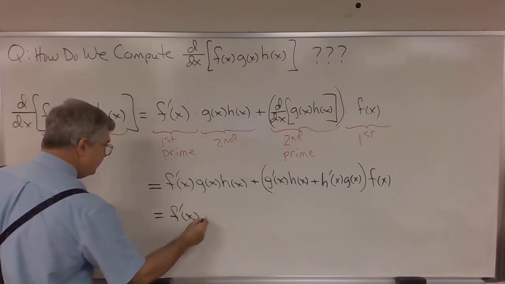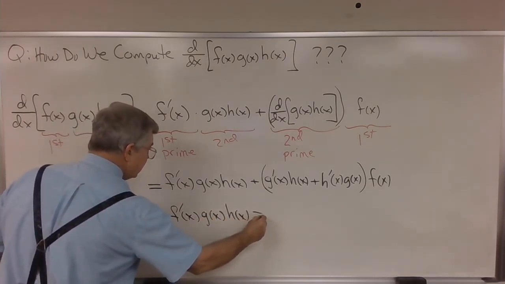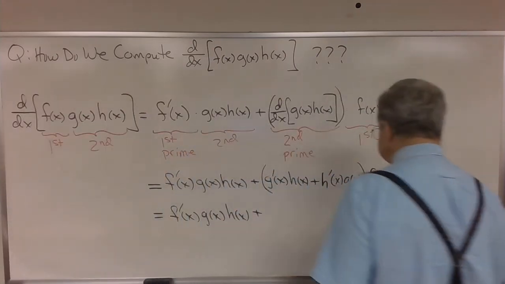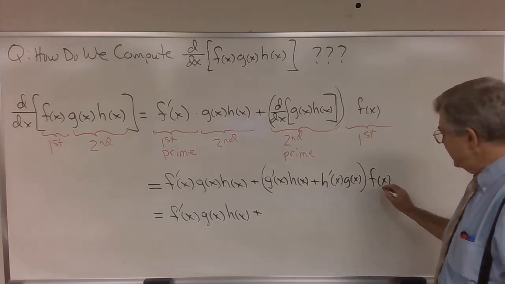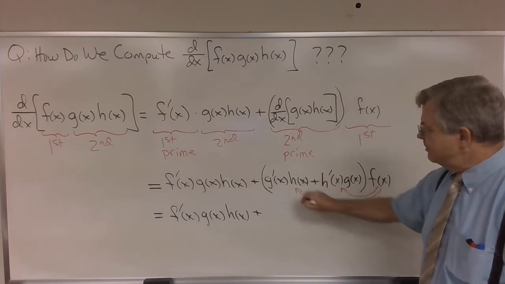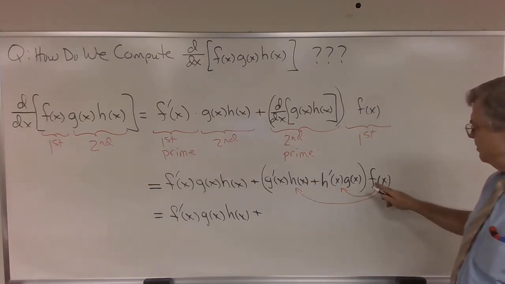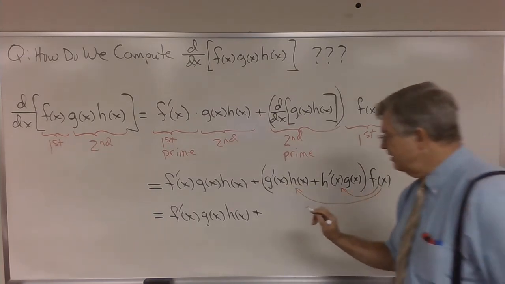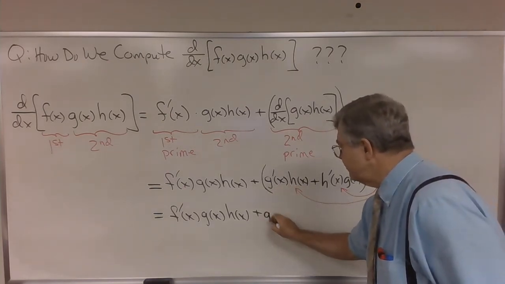F prime of x, g of x, h of x. And now I have to distribute f of x to this term and to that term. And I think when I do, I'm going to put the f of x right in between here. So this will be g prime, f of x, h of x.